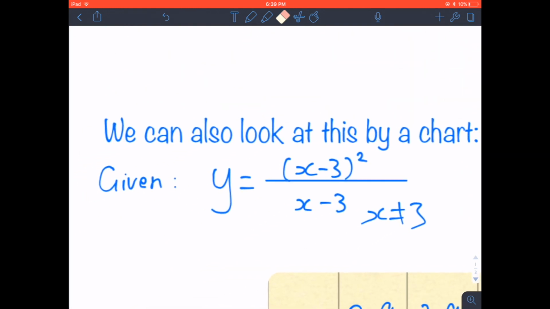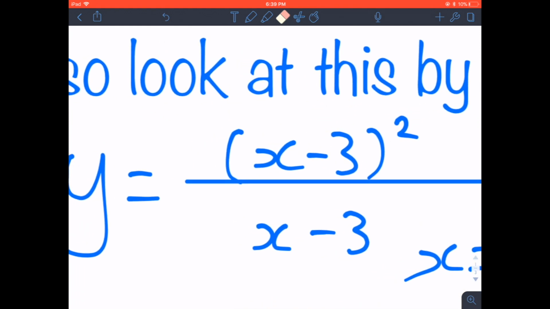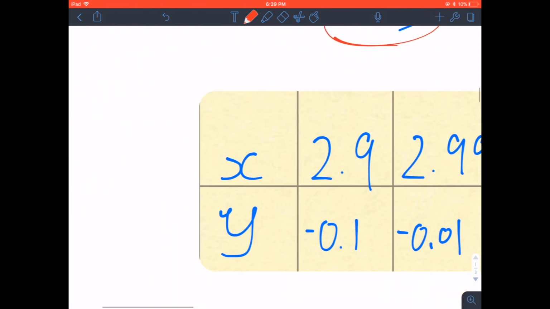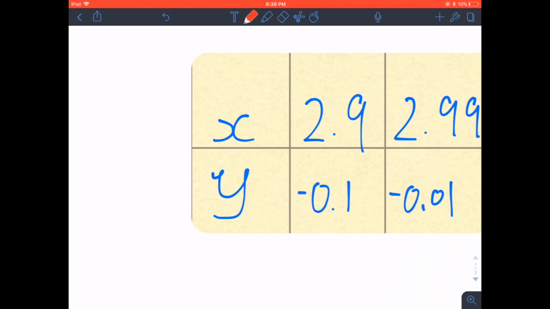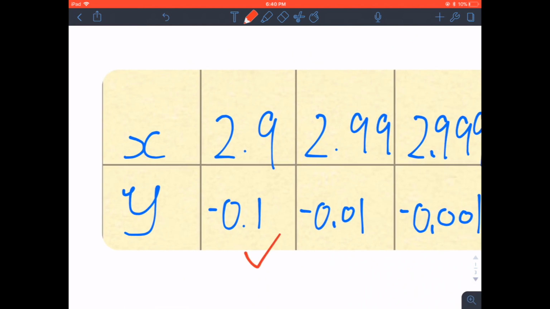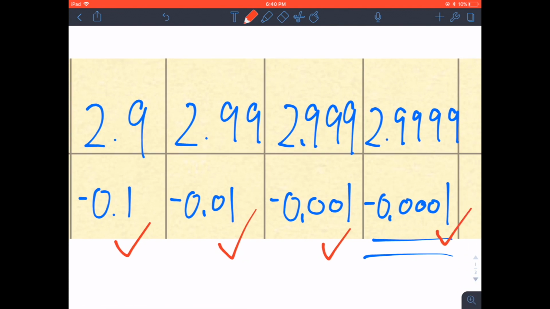We can also look at this with a chart. The same function, and we know that x cannot equal 3, but let's see what happens when x gets to 3. Let's take a closer look at this chart. When x is 2.9, y is negative 0.1, which is okay, and at 2.99, it just gets more precise, and the same for the third and fourth ones.